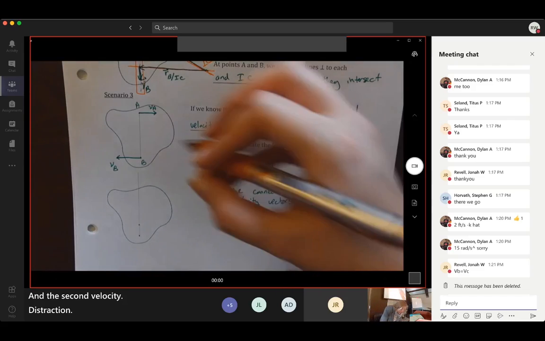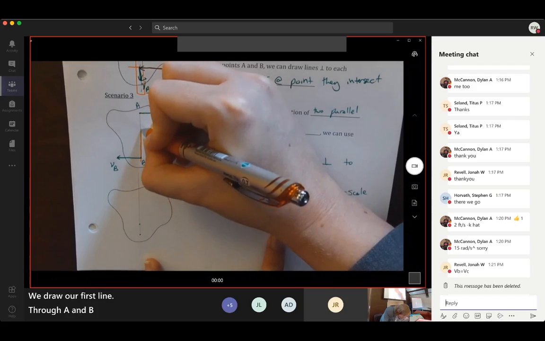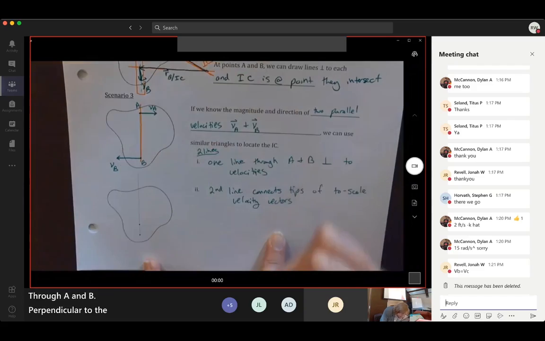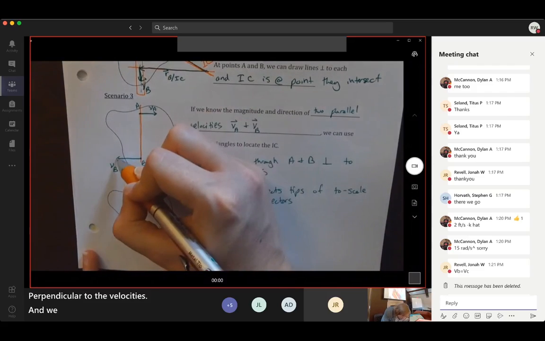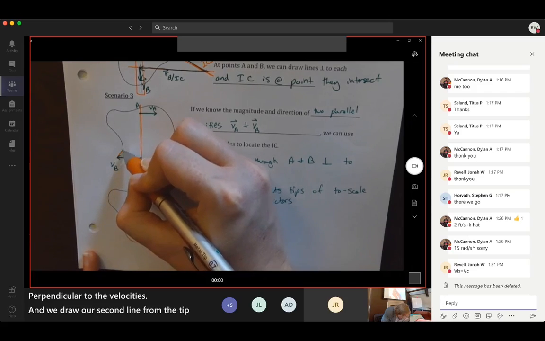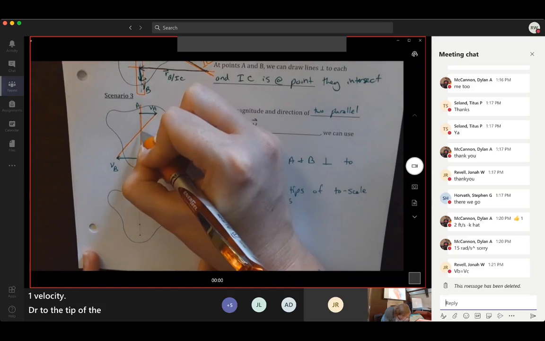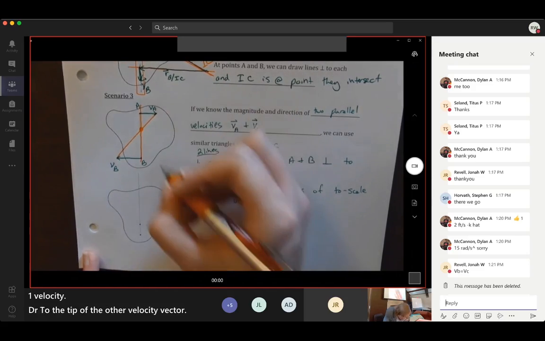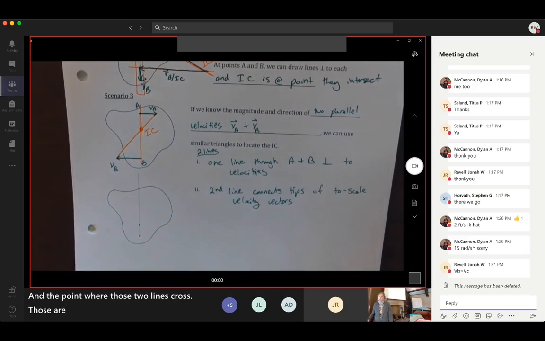We draw our first line through A and B perpendicular to the velocities. And we draw our second line from the tip of one velocity vector to the tip of the other velocity vector. And the point where those two lines cross is our instantaneous center.